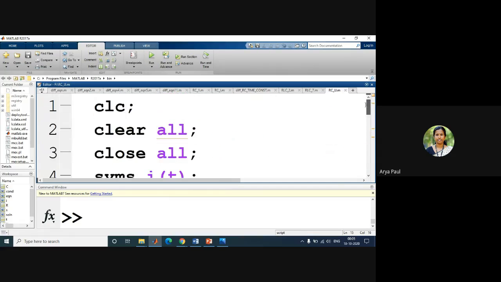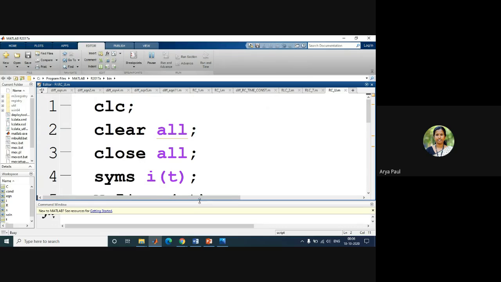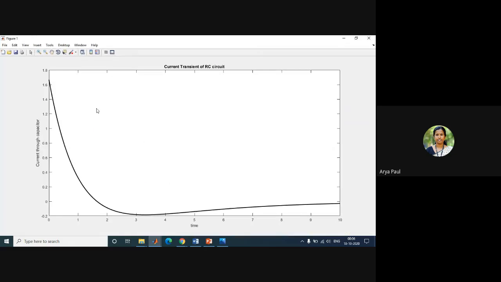I hope this is clear. Now you find the solution. You will get the current transient like this. The current is again decreasing and reaching a steady state value.